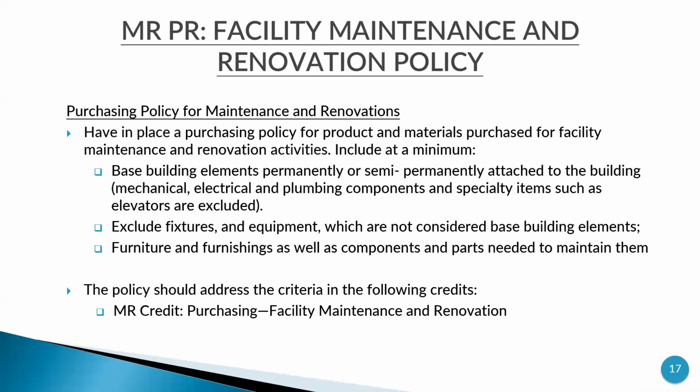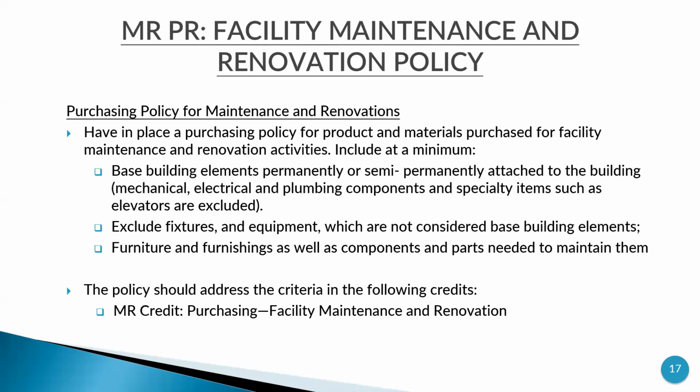So coming to the purchasing policy, we need to have a policy in place for products and materials purchased for facility maintenance and renovation activities. To what extent do we have to go with it? Base building elements that are permanently or semi-permanently attached to the building.